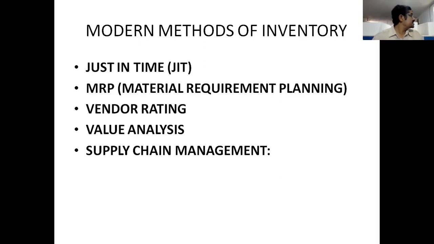So here, in just in time, there are two things we need to remember. The first one is to arrange the materials immediately, and the second thing is to reduce the wastages. Try to plan to reduce the wastages throughout the whole process of production.